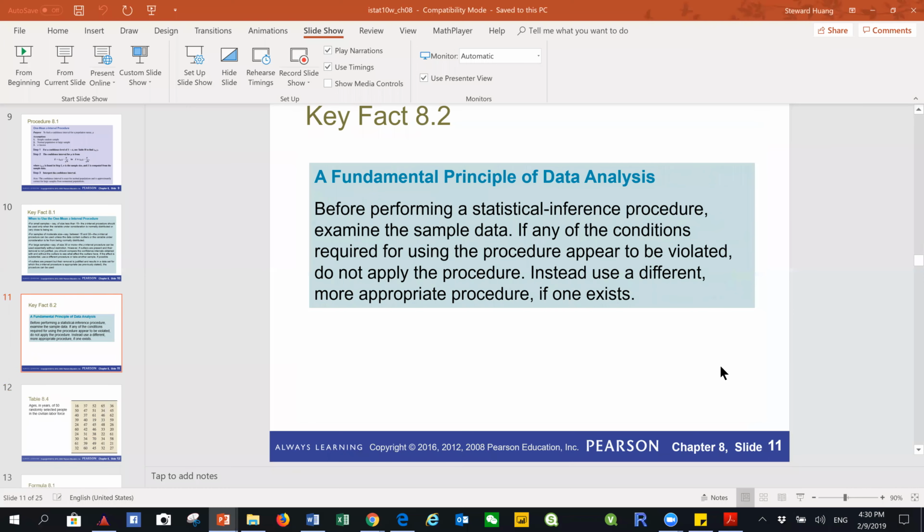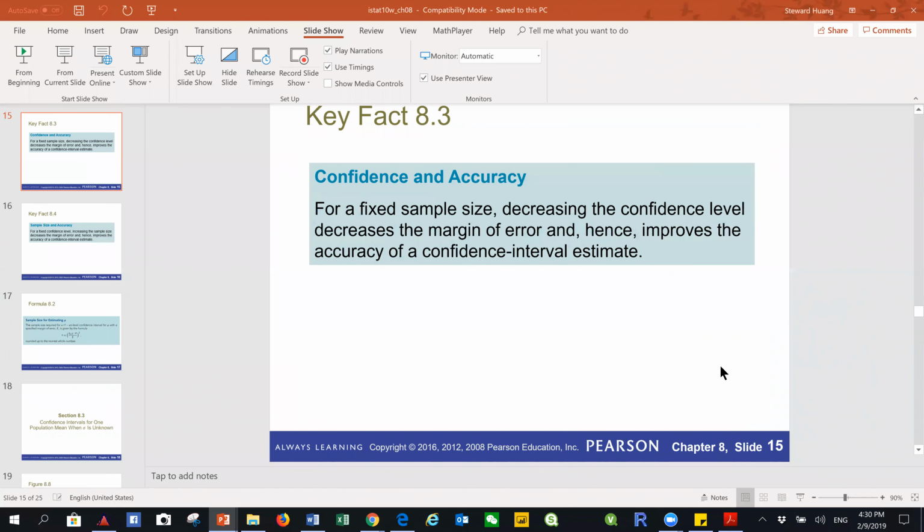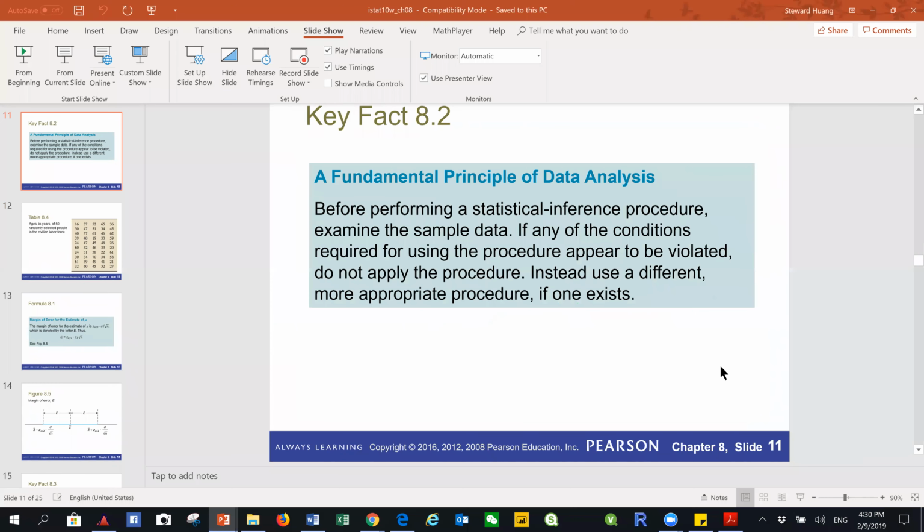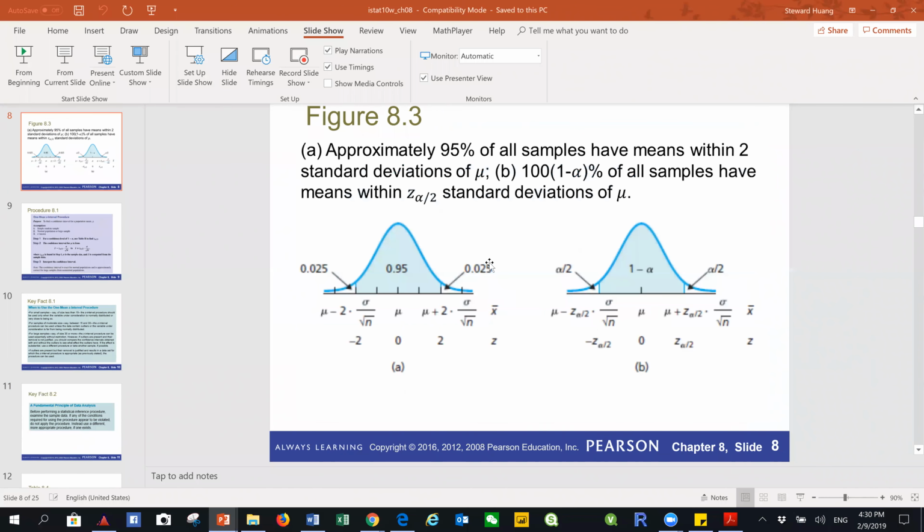The reason is, if you look at this here, this is 95%, so Z is 2. But if you want 99%, then Z will be bigger than 2, or less than -2, to include the bigger area in the middle.